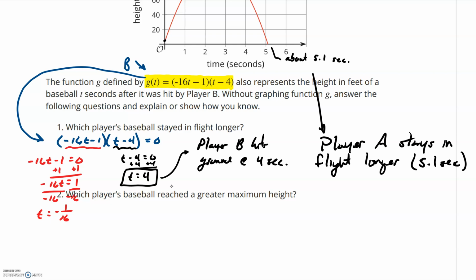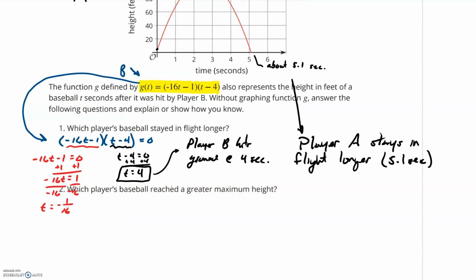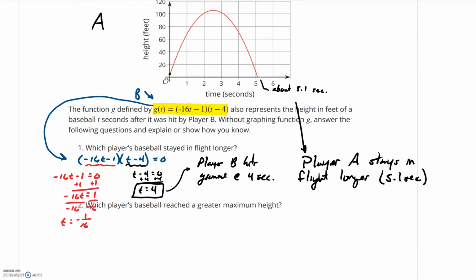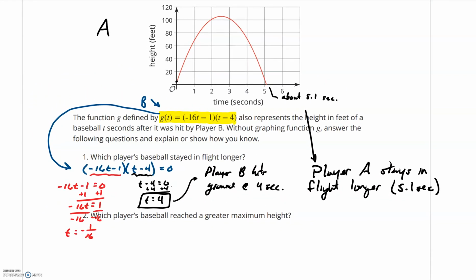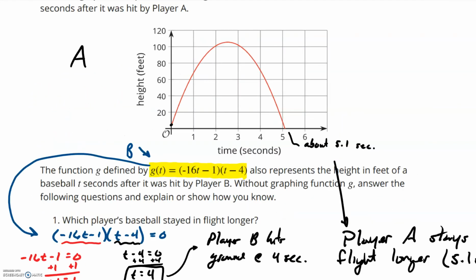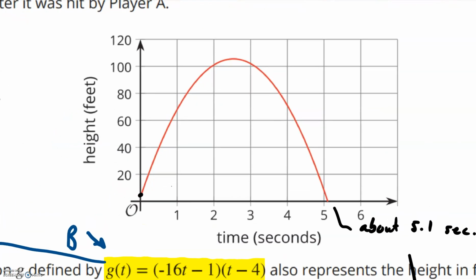Okay. Now we want to know which player's baseball reached a greater maximum height. So let's first look at player A here on the graph.